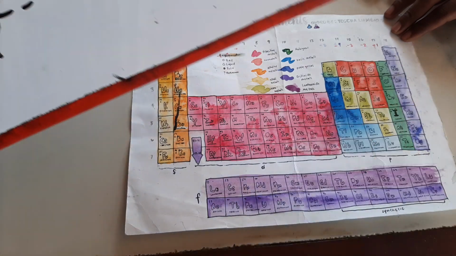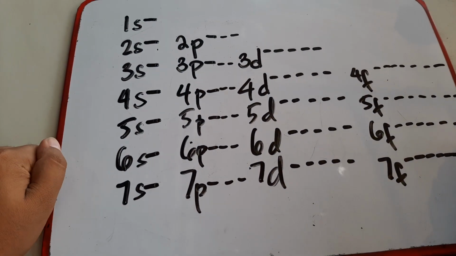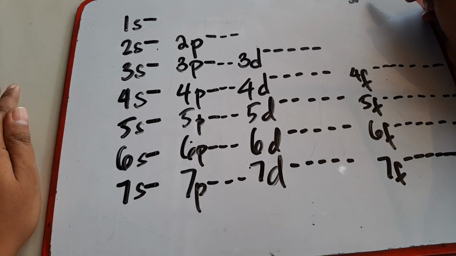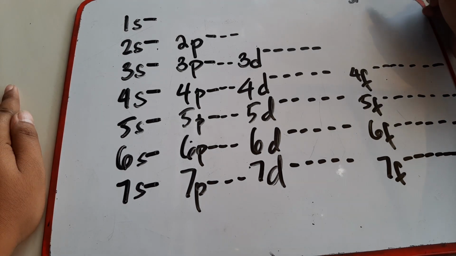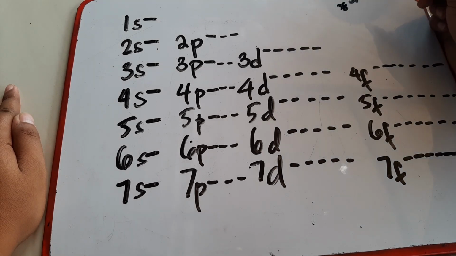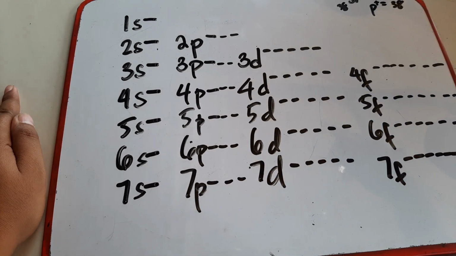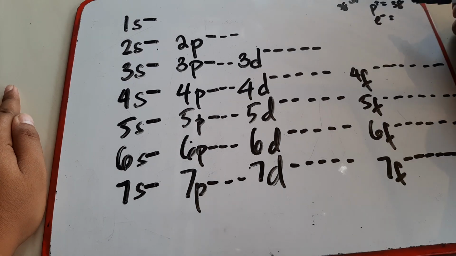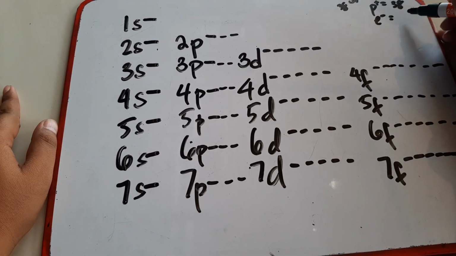Atomic number is 38. So we know that for strontium, with an atomic number of 38, the protons are 38. In a neutral atom, the electrons would also be 38.